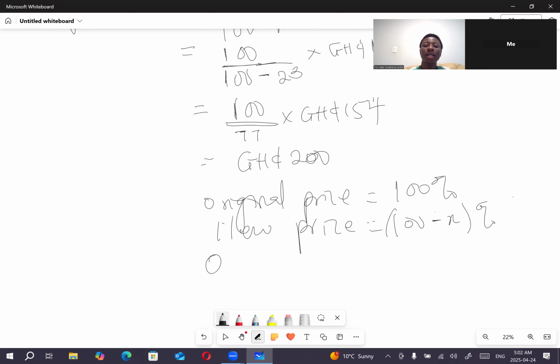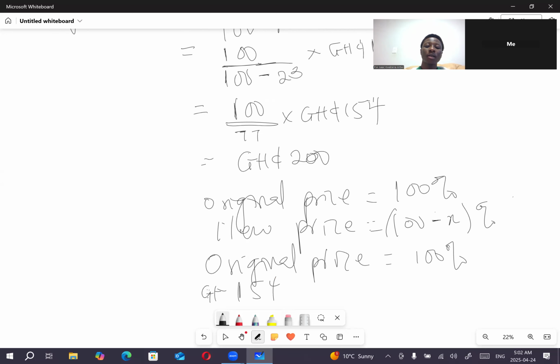So now back at it again. Original price is what the question is asking you to look for. So original price is equal to 100%. New price is already in the question. They said the new price was 154 Ghana cedis.